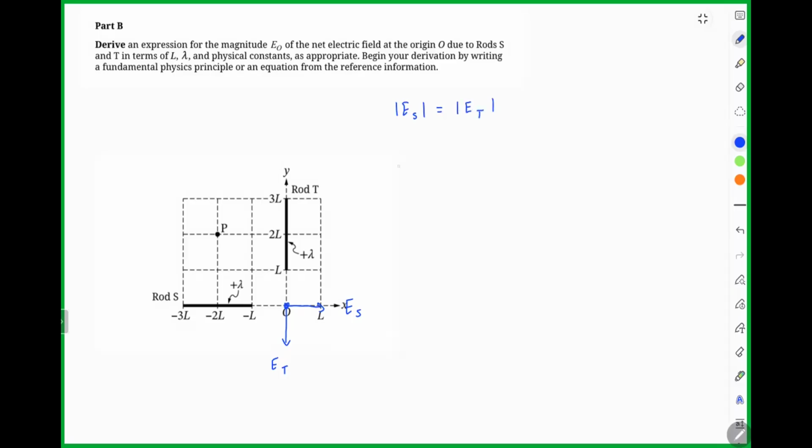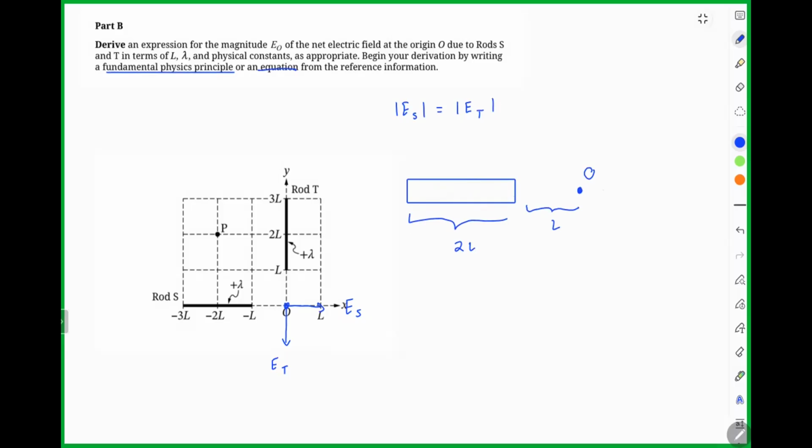So let's focus on finding the electric field of rod S. So we've got a rod of length 2L, negligible thickness, although my diagram isn't really indicating that. Then an additional distance L away from that, we've got the point at which we want to know the electric field, namely the origin. And so we're told specifically that we want to start from a fundamental physics principle or an equation from the reference information.